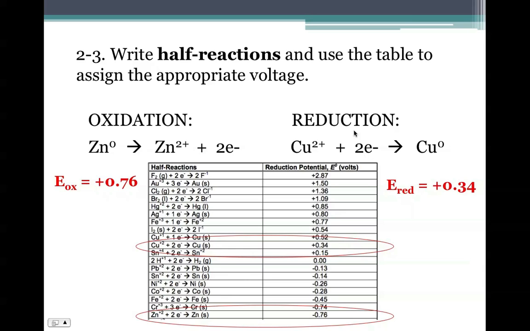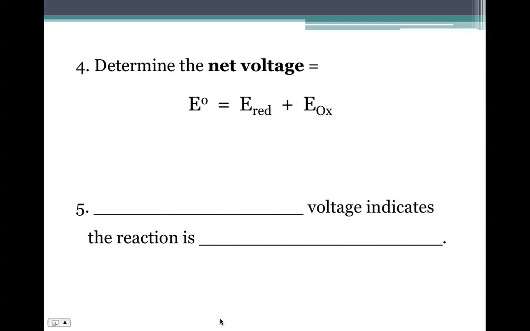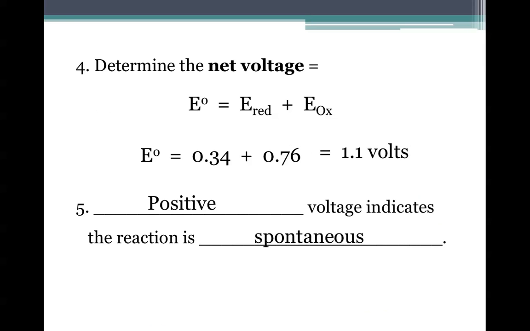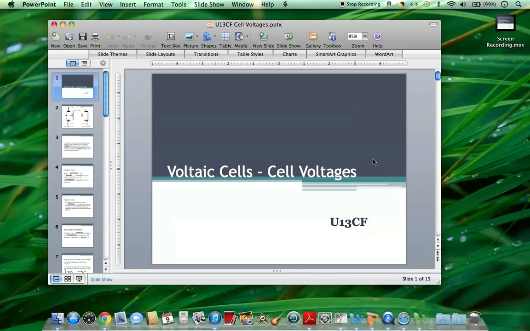Okay, so your half reaction should match what's in the table to leave the sign the same. However, if it's oxidation, in which you have to flip this equation, you also flip the sign. So to determine the cell voltage, we're going to add the two together and find that it's 1.1 volts. Because this is a positive voltage, the reaction is spontaneous. So this is the cell potential, or I should say initial cell potential, of our cell.